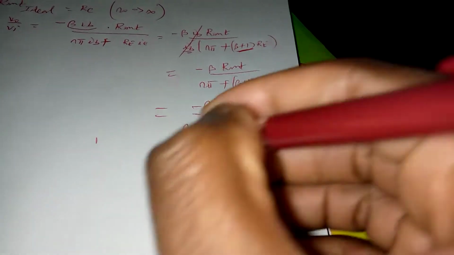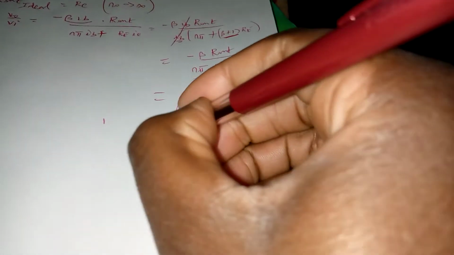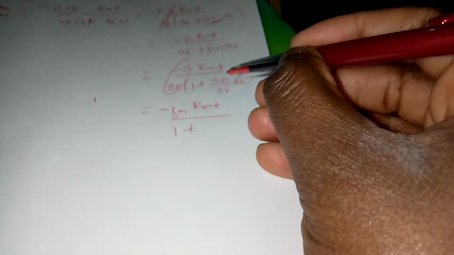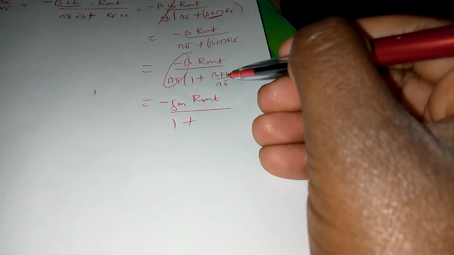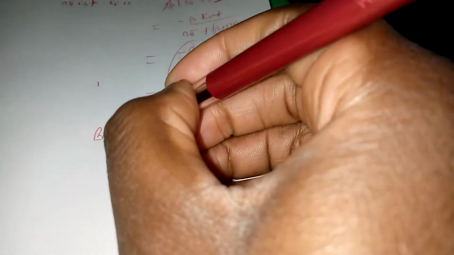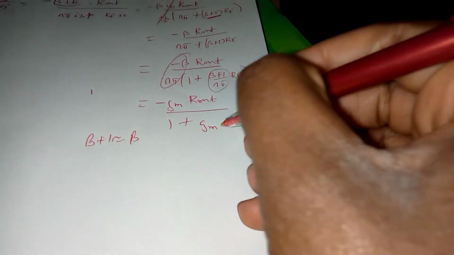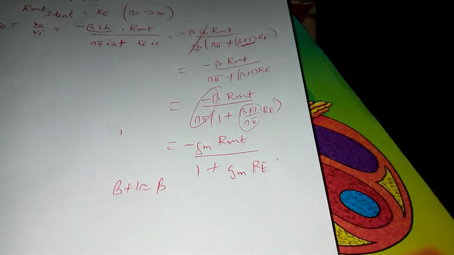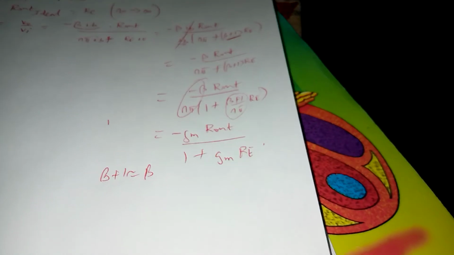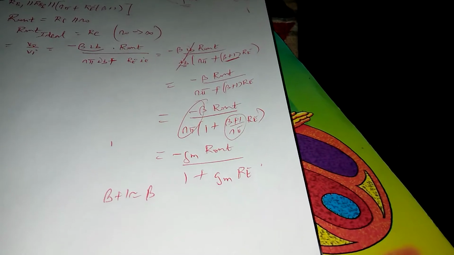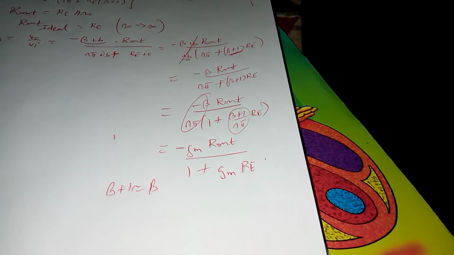Beta over R pi is gm, so that will be minus gm R out divided by 1 plus gm RE, since beta is quite big and beta plus 1 is almost approximated to beta. Now this is something very similar to the double rail, and we have covered that already. The half loaded as well as the fully loaded can follow.